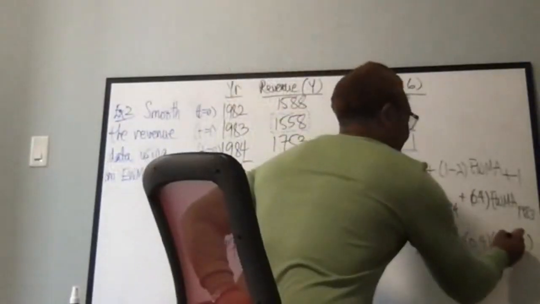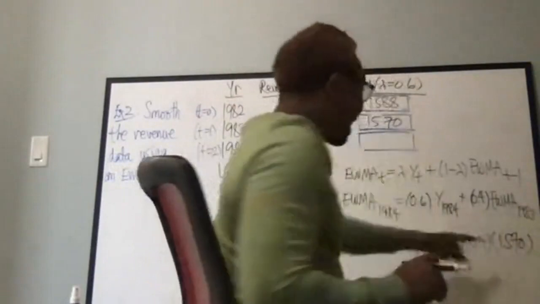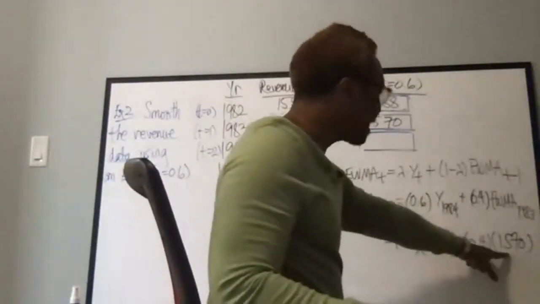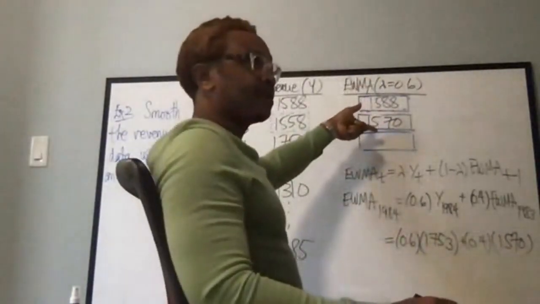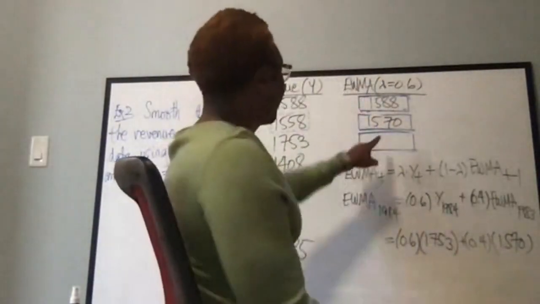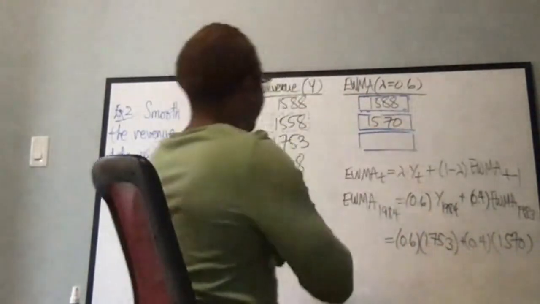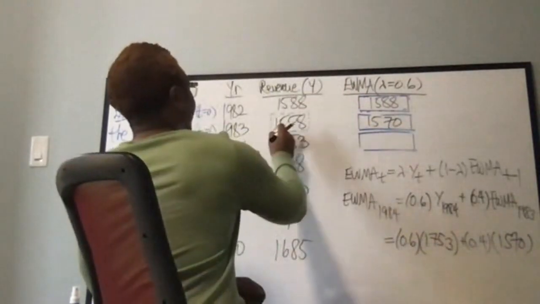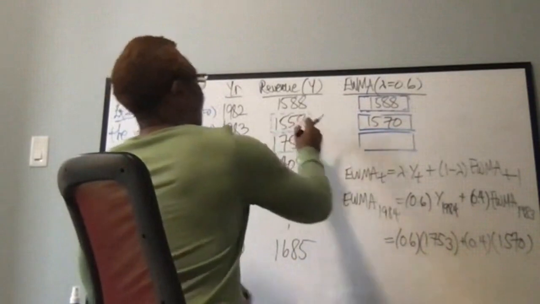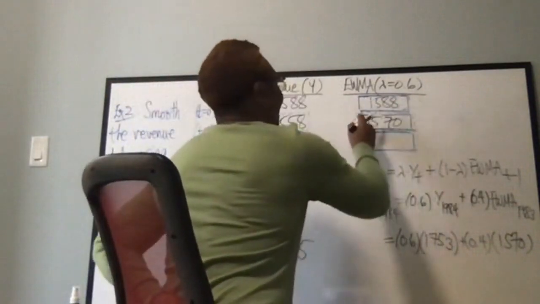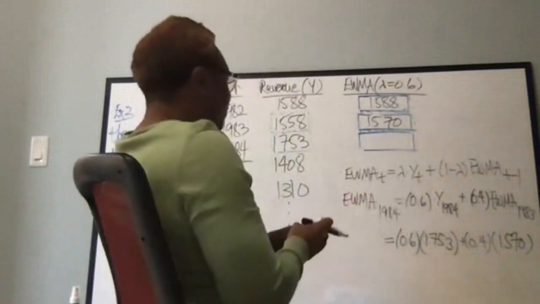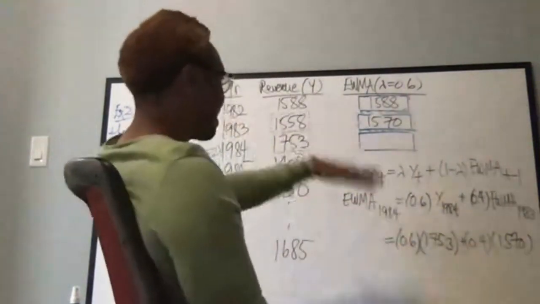So 1570. And notice here, this 1570 is what we calculated in the step right before it. See that? So in order to get this value here, I'm using this green and this green. You see how we're using values from two different columns.